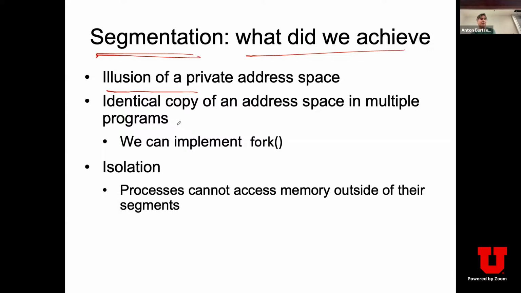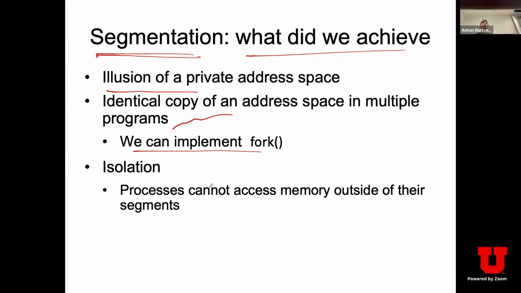That's interesting because we can now implement fork. If I ask you how to implement fork, remember that fork just clones the address space. What will the operating system do on fork? It creates a new data segment and simply copies the content of the old data segment into the new one.